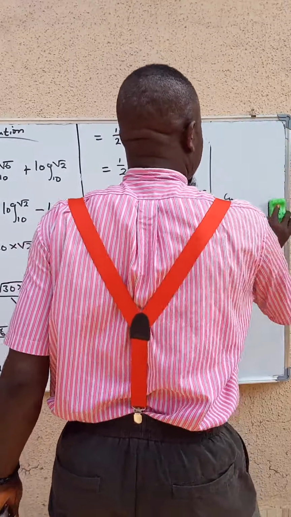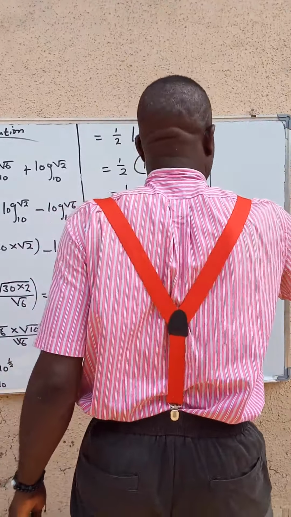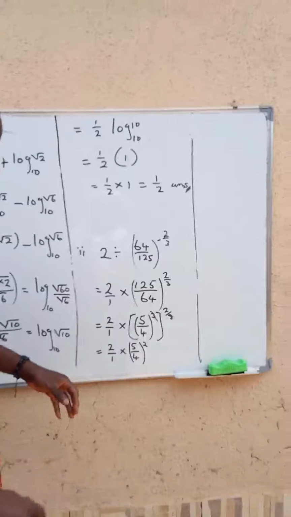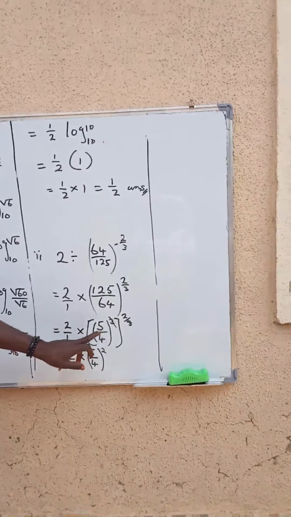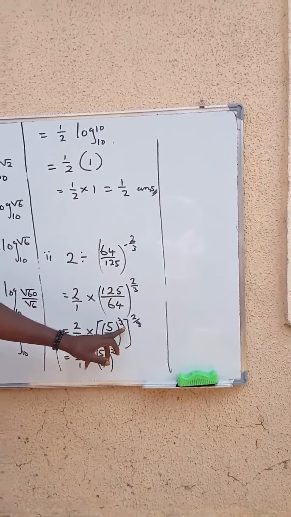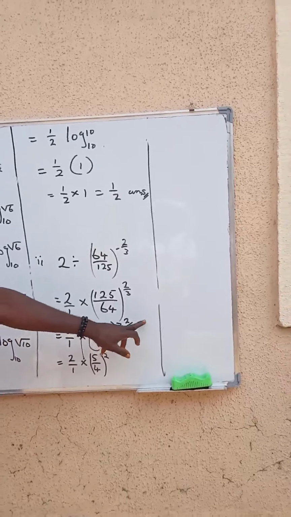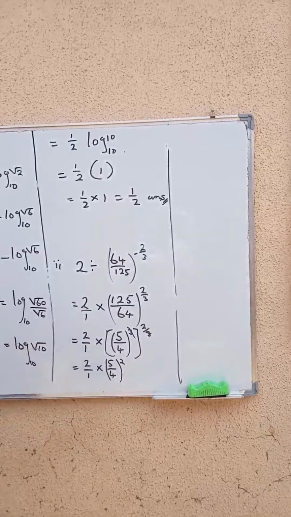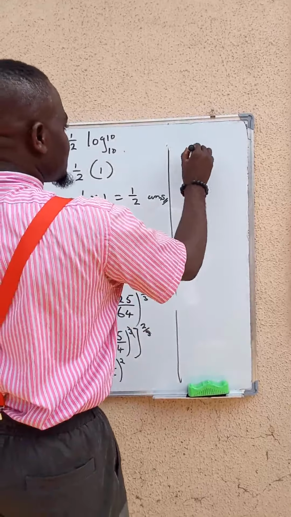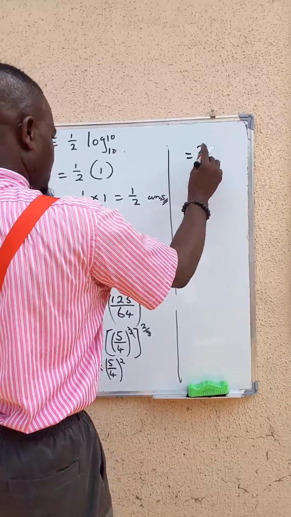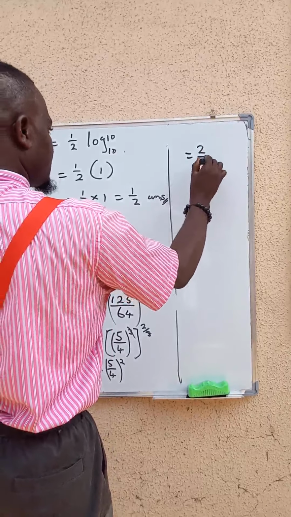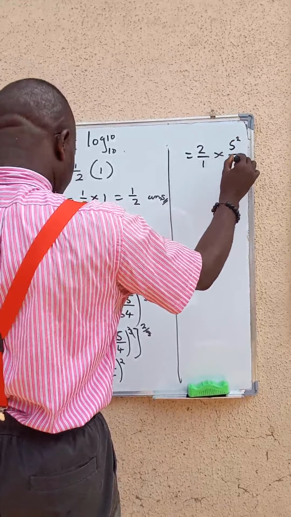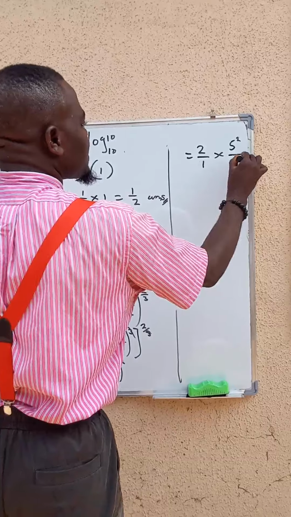The question has gone. You agree with me that since 2 over 3 multiplied by 3 takes care of this, I have this. So this will now be equal to 2 over 1 multiplied by 5 squared over 4 squared.